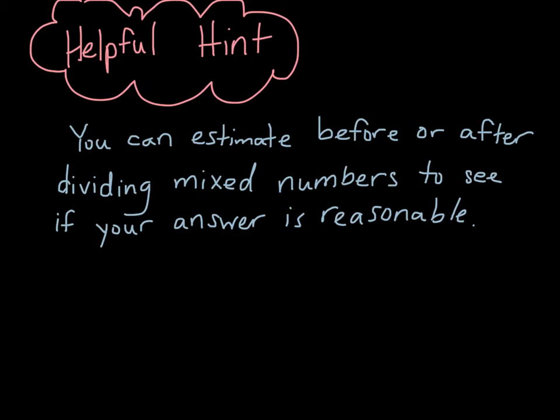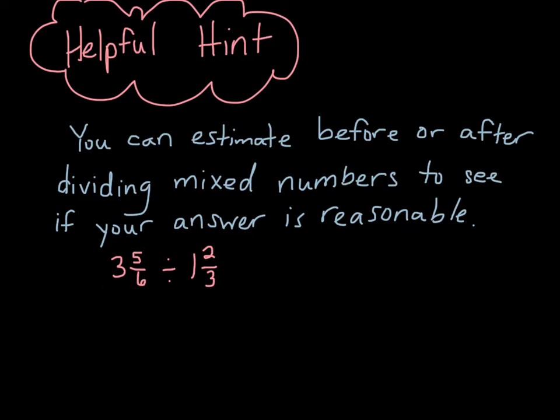So even though we don't always do the estimating, one helpful hint is that you can estimate either before or after dividing mixed numbers to just see if your answer is reasonable. When you're estimating, we use that basic halfway rule. So in this first mixed number, 3 and 5/6, if you look at just your numerator and just your denominator, if your numerator is about half or more of your denominator, then you can probably round up.